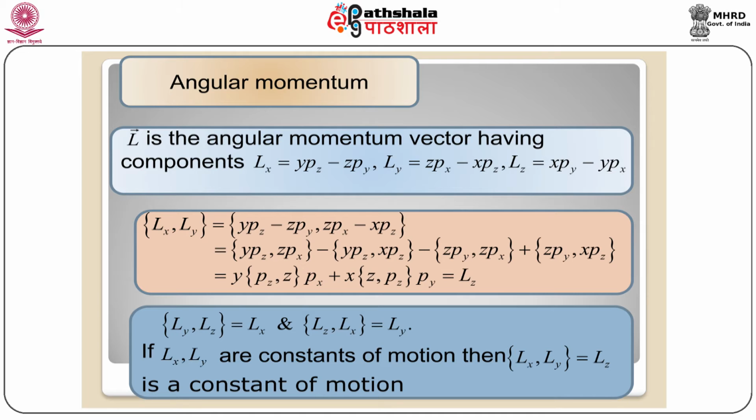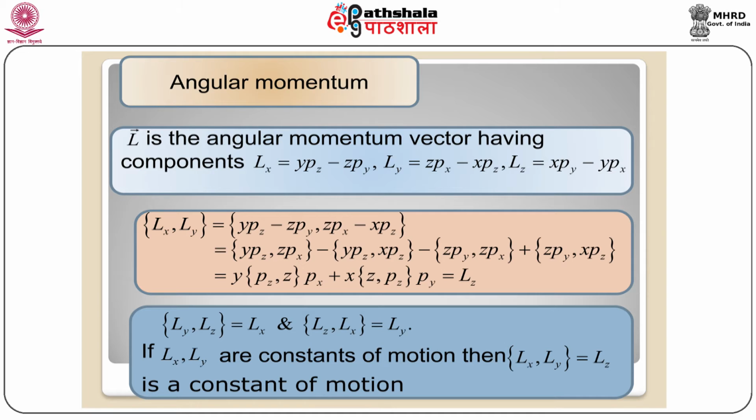If Lx and Ly are constants of motion, then their Poisson bracket is also a constant of motion. So, the Poisson bracket of Lx with Ly, equal to Lz, is a constant of motion.